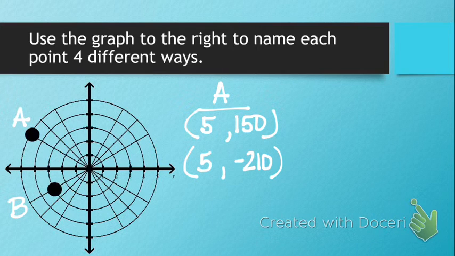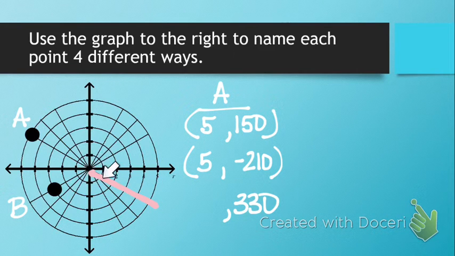All right, now let's use a negative radius. So if we use a negative radius, that means that we would use this as my reference. So what is this angle going to be? 330. But in order for it to land here, my radius has to be negative.